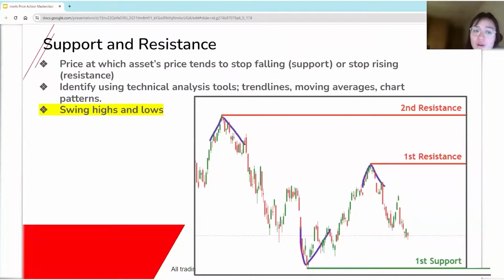Okay, so here in this chart, I have drawn out our swing highs and lows for you to look out for. The swing low would of course be your first support, and your first resistance is basically the level that is closer, the swing high that's closer to where price is currently at.